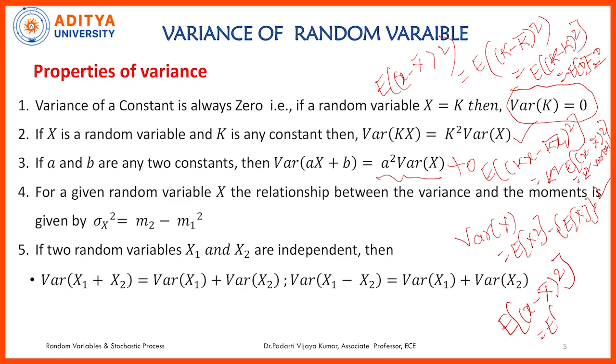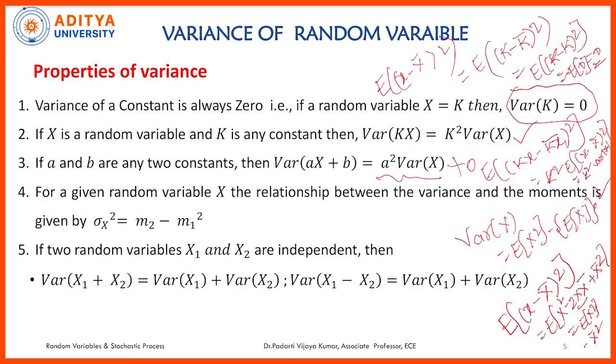Expanding this, we get x square minus 2x into x bar plus x bar square, so this will be E of x square minus x bar whole square. This is the formula we use for solving the problems. In the later part of this session, we will see how to apply this formula.